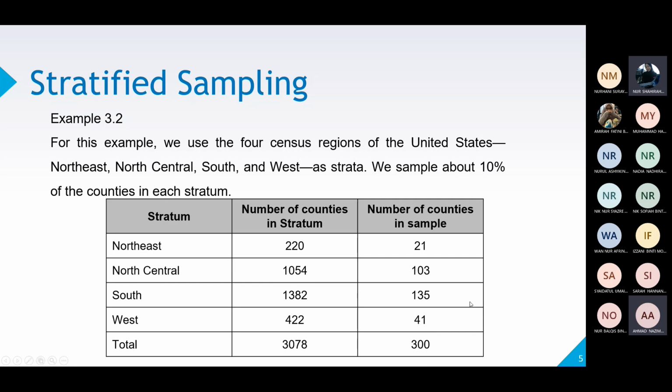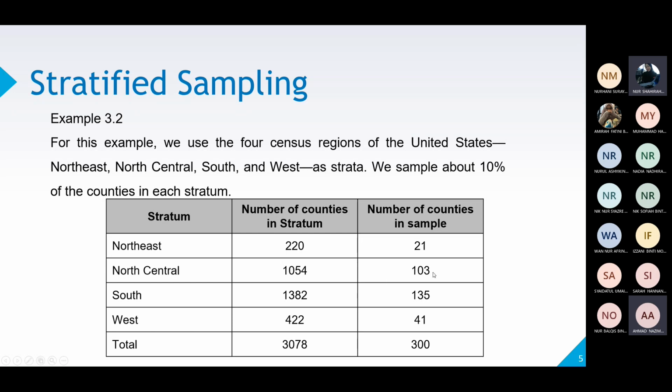So it is about 300 samples. And if you look here, out of 220 counties, we randomly select 21. This is an approximation only, a 10% approximation of the sample selected from each stratum.